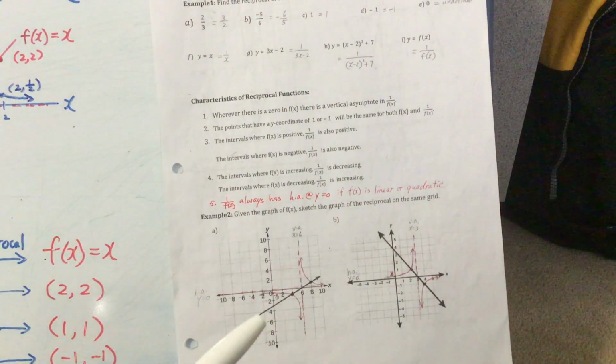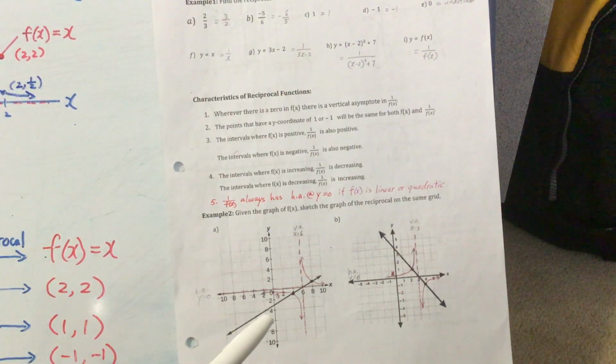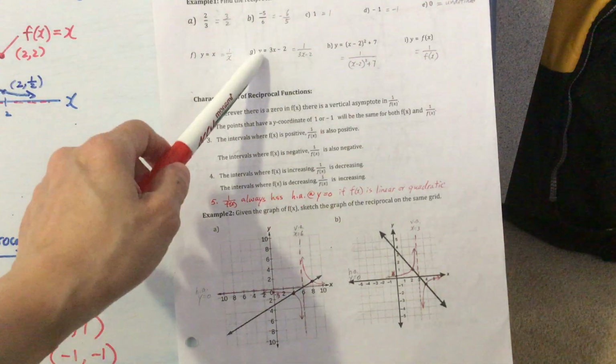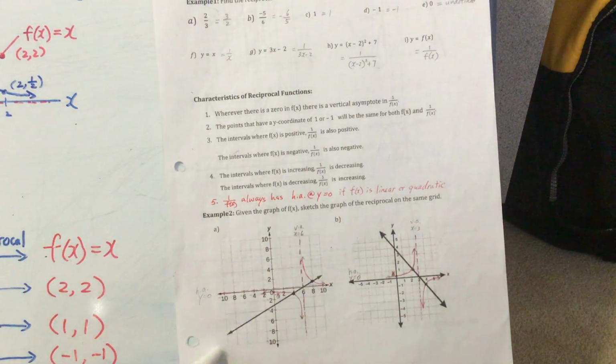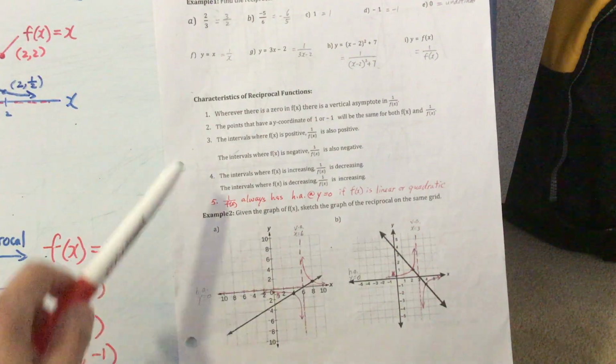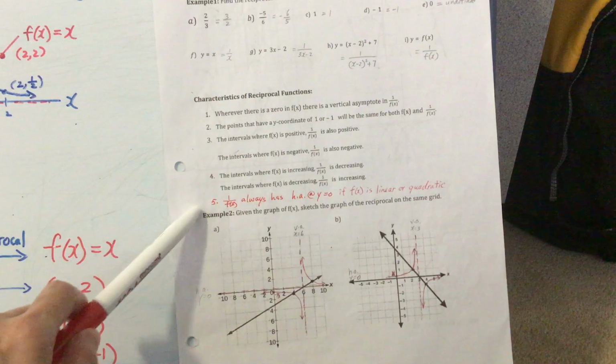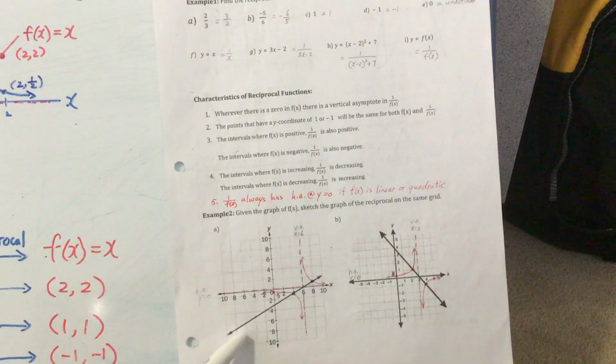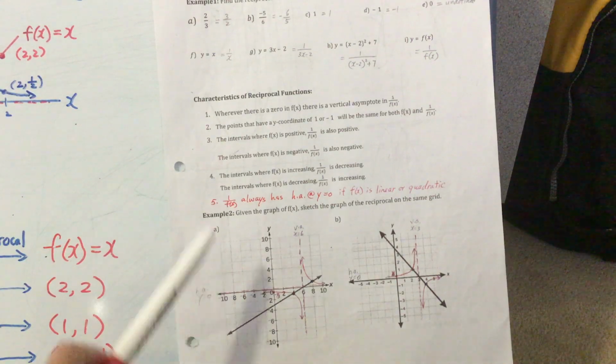So what we usually do when we want to graph the reciprocal of any linear is, first of all, we graph the line, and then from the line, we check off some of the key features that we need for its reciprocal.